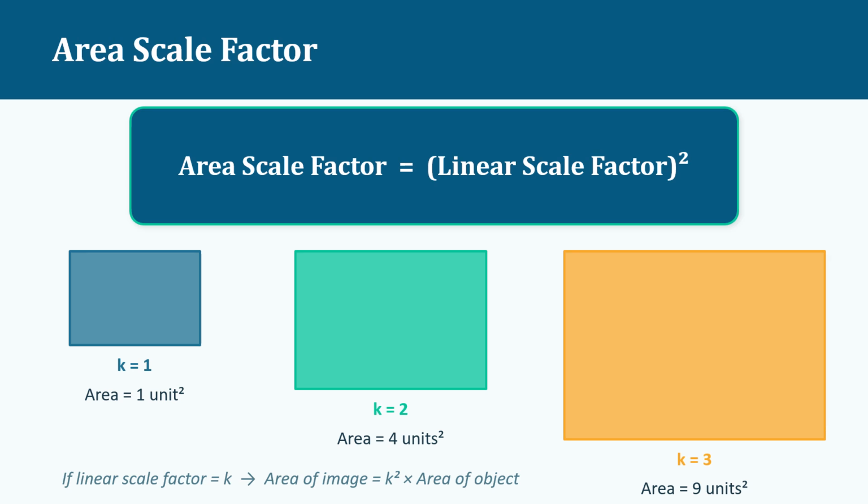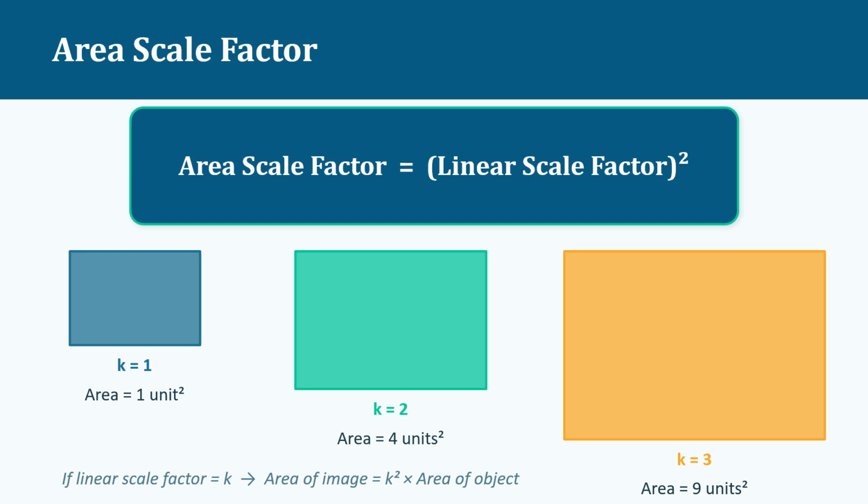The area of the second square is 2 units multiplied by 2 units, which is 4 units square. Now, these two squares are similar. The first has been enlarged by a scale factor.